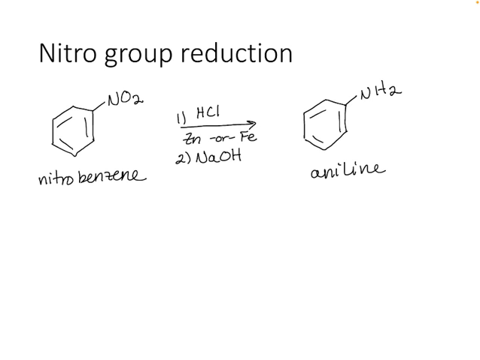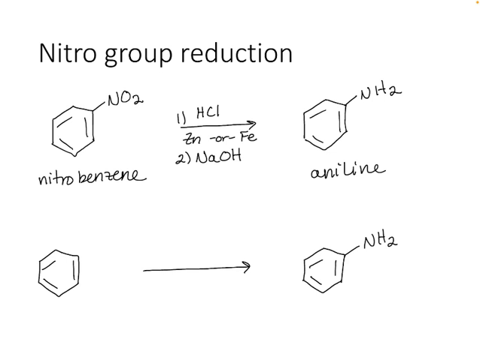So for instance, if we put this all together, you could say, all right, I want to start with benzene and end up with NH2 on my benzene ring. First, I'm going to add nitric acid and sulfuric acid. Second, I'm going to add, let's just pick zinc and hydrochloric acid, but you could also use iron instead of zinc. And then third, I'm going to use sodium hydroxide.